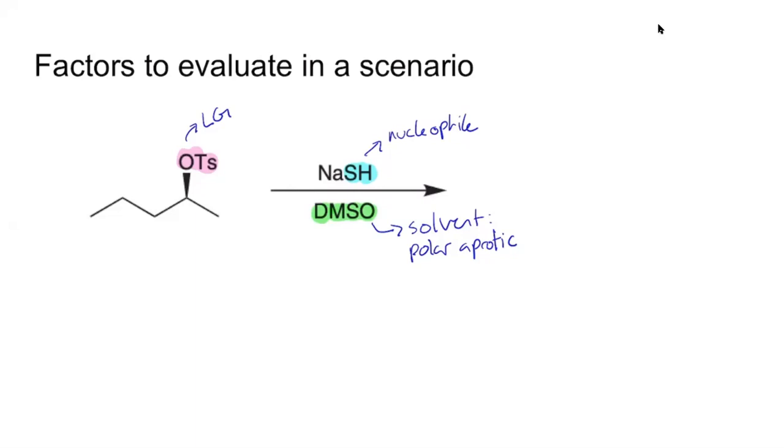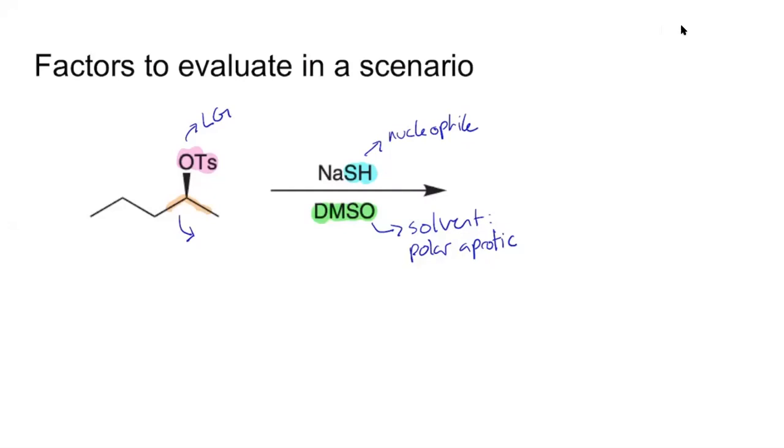I'm sorry, could you repeat that? What kind of cation forms once the group leaves? Exactly. Thank you, Kunal. So we can look at our substrate, and just like Kunal said, we can think about what type of carbocation would form if the leaving group leaves. Is there a lot of steric hindrance on our substrate?